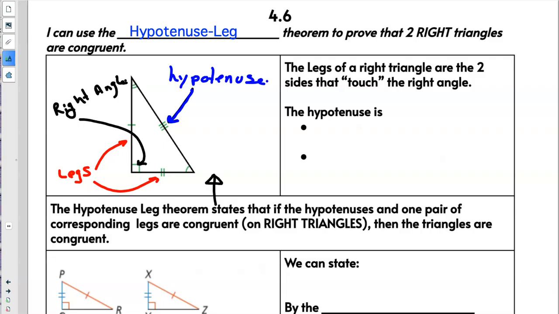Now the hypotenuse is the longest side in this triangle and is opposite the right angle. So we get this idea of opposite. Opposite the right angle is right over there. That's why that's the hypotenuse.